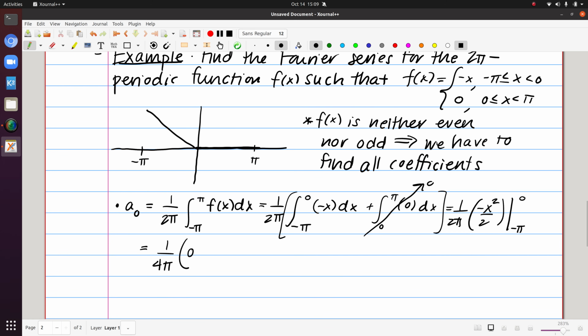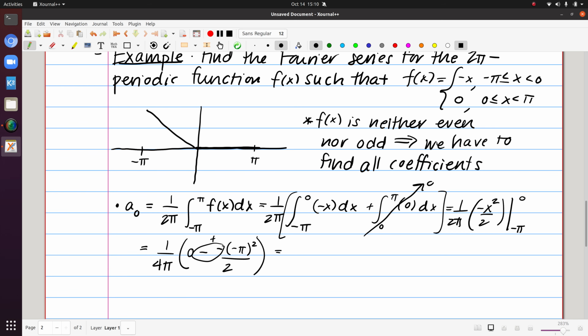So I would plug in 0 minus what I get when I plug in minus pi. And when I do that, I will get negative minus pi squared over 2. And these minuses become a plus, and then of course I'm squaring the negative pi. So this all is positive.